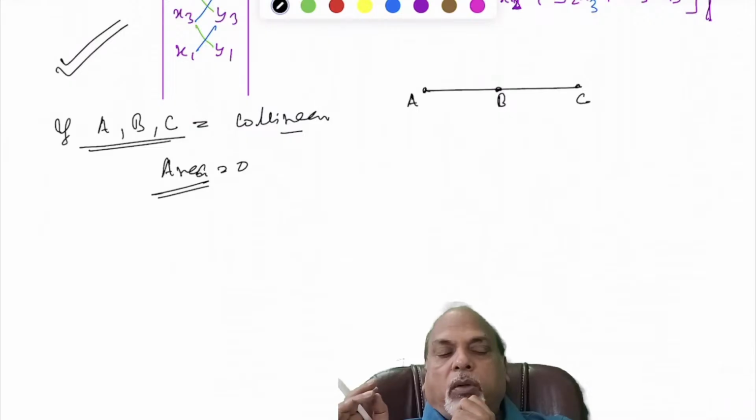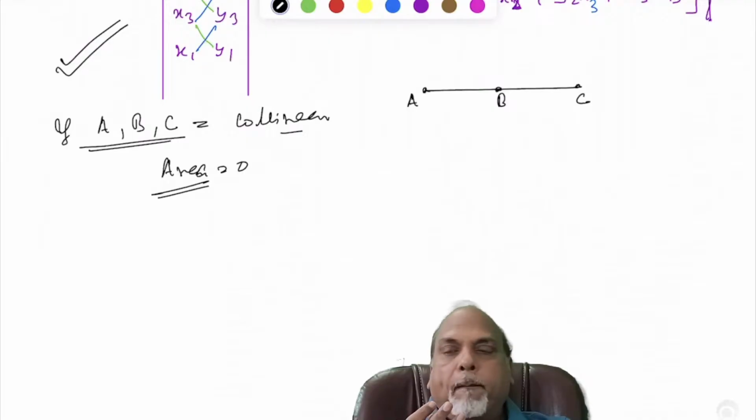So today we have studied the Cartesian coordinates, how to find the distance between 2 points, how to prove identities in triangles, correct, and how to find the area of the triangle. All these things are very essential.